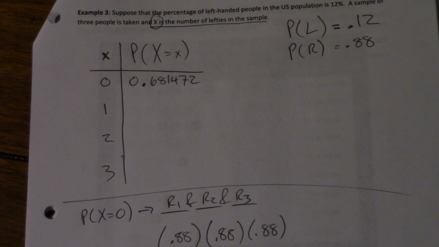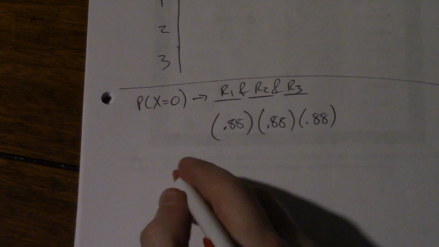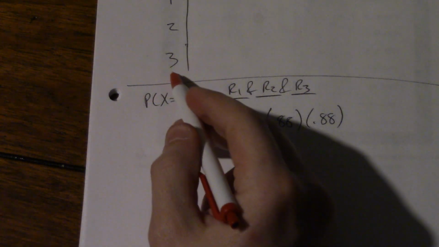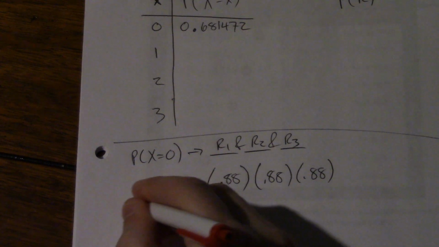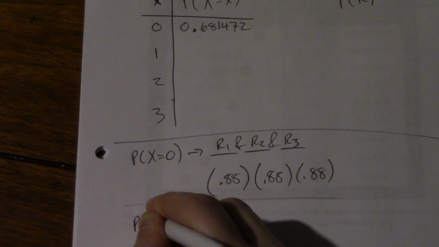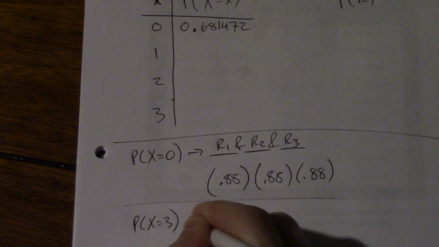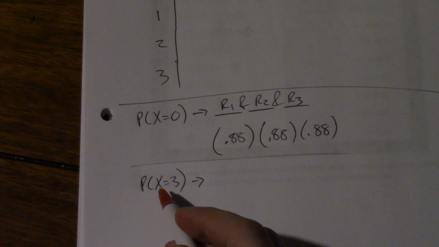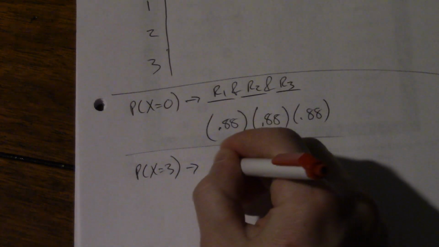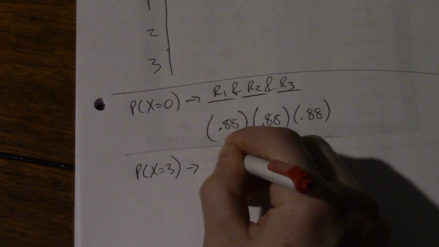Okay. So then we'll continue. Maybe we know that the ends of the table, the beginning and the end, are the easier ones. So we can look at the probability that x is 3. So same idea. What's the chance that the number of left-handed people we have in our group of 3 is 3? So that means we have 3 left-handed people.